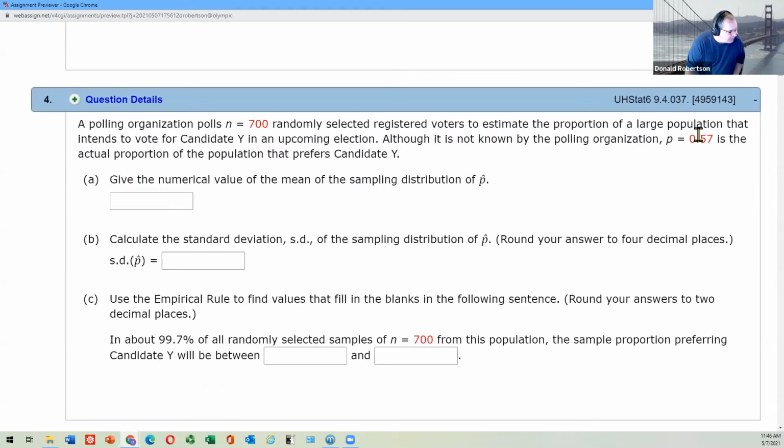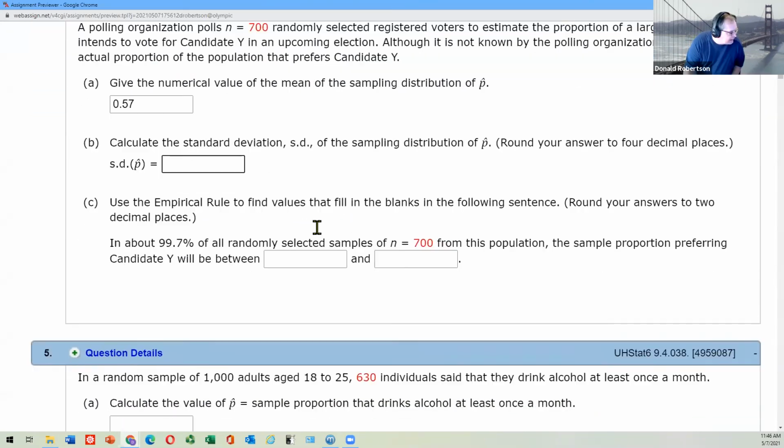Here it's 700 people. The P is 0.75. The mean of this would be 0.57. And won't the standard deviation be the square root of PQ over N again?